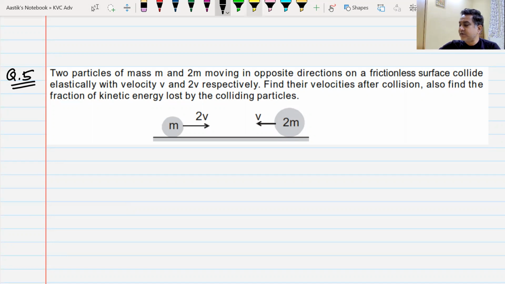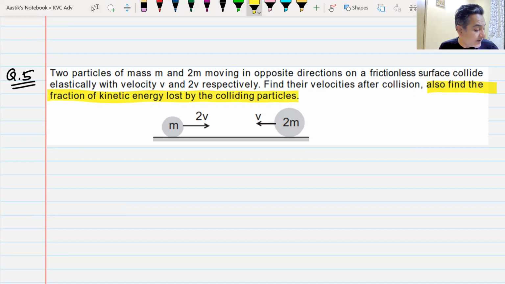You can do the second part first. Also find the fraction of kinetic energy lost by the colliding particles. Will there be any net loss of kinetic energy in this collision? The kinetic energy final and initial of the individual bodies may differ, but what about the total system in combination?